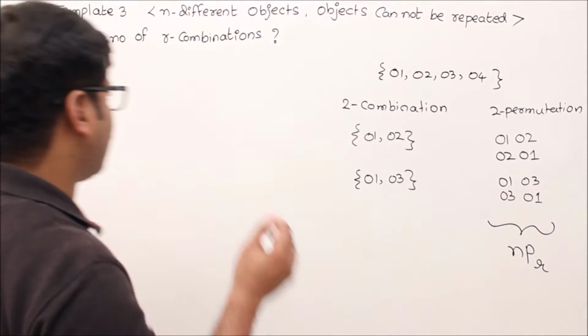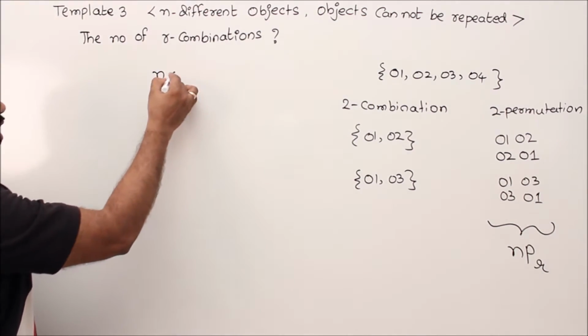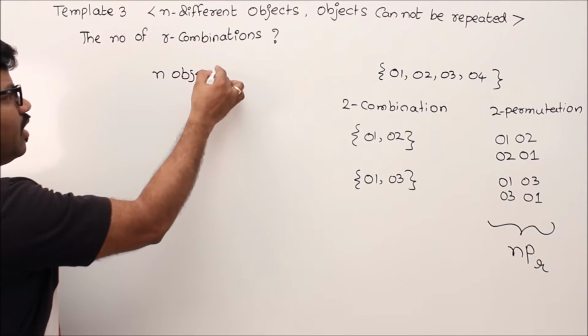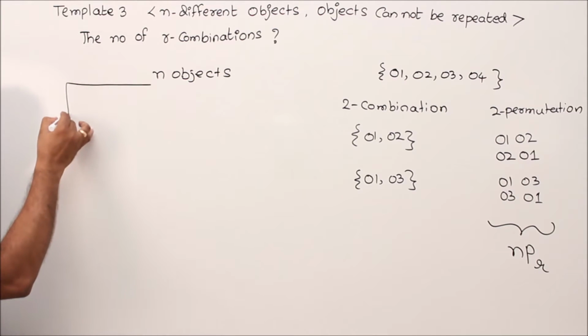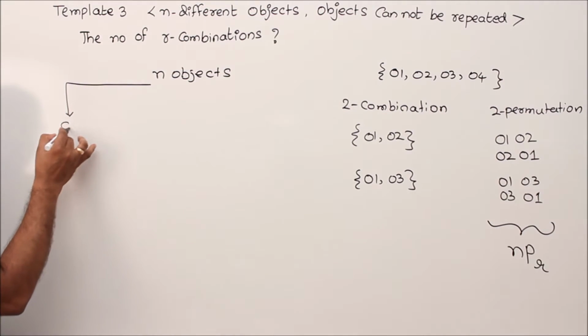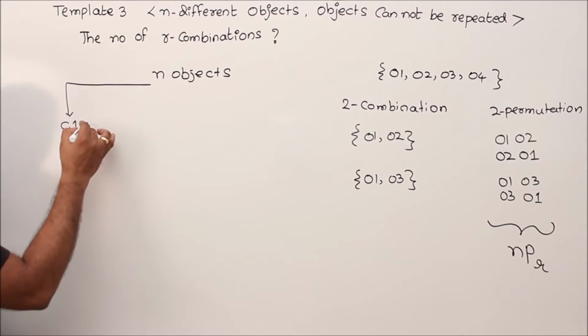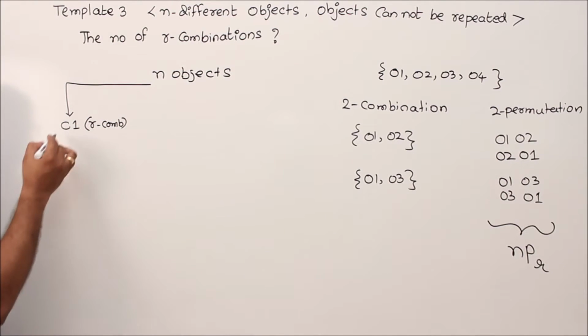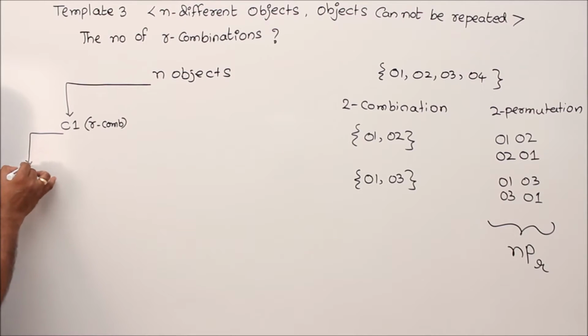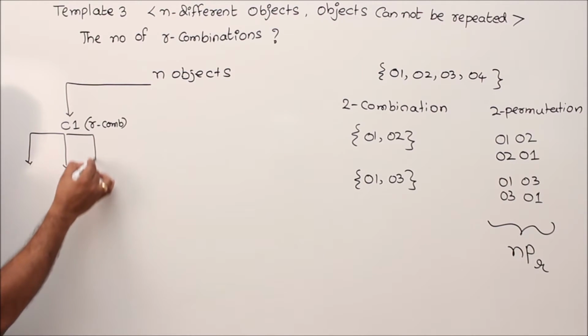So if I use that concept, for example, if I have n objects, then I can form all possible permutations by this method. That is, take combination number 1, which is an R combination, and permute it in all possible ways. That means arrange those R objects in the line.